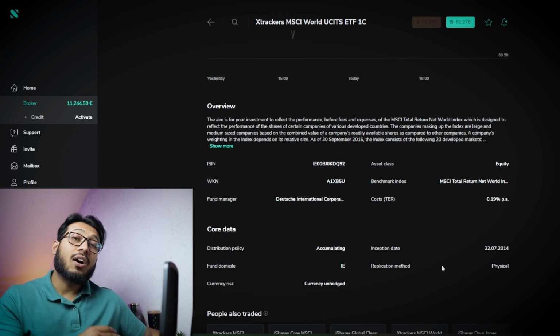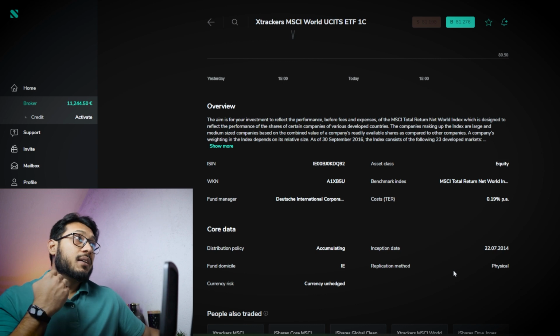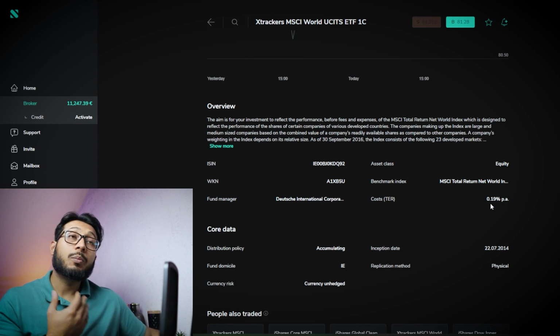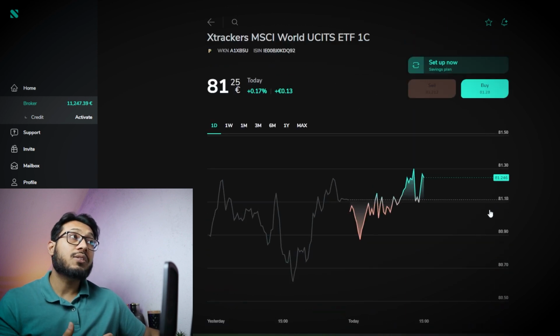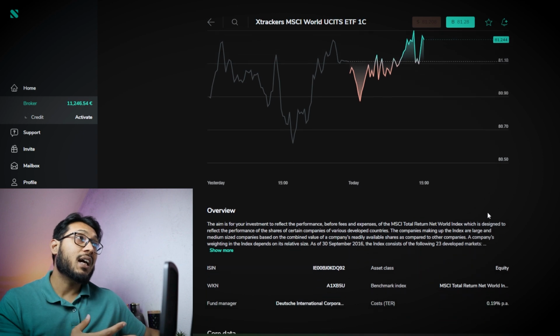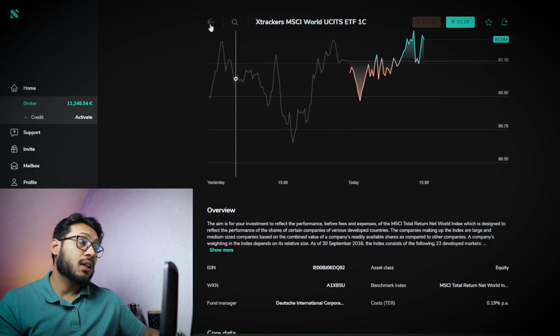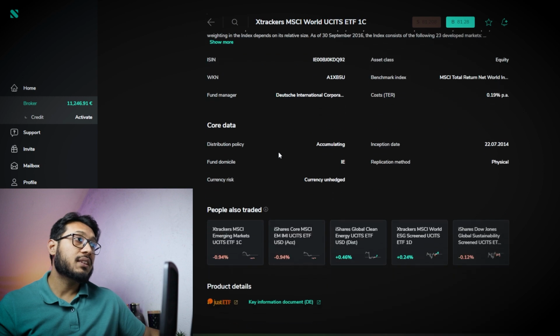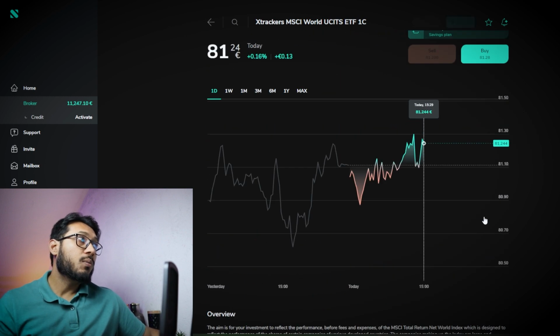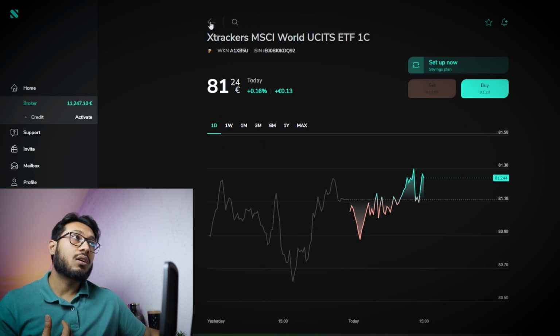Now, as you've seen, all three of these ETFs are tracking the MSCI World Index, but the main difference that we see here is the 0.19% per annum fees for the Xtrackers and the 0.5% total expense ratio from the MSCI World ETF from iShares. This is one of the biggest differences. Another difference could be accumulating and distributing. So always look at the details of the ETFs that you are investing in.